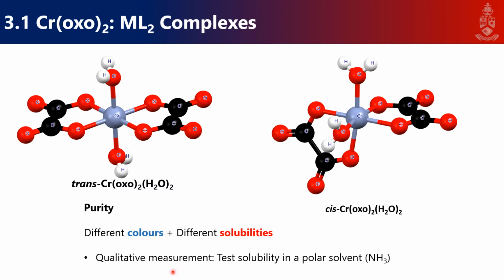And the qualitative measurements, we mean we can't quantify these things, we just qualitatively comment on them. We say the colors are pure, there's no mixture of colors, as well as the solubility test, the polar one dissolved and the non-polar one did not dissolve. That's qualitative chemistry.